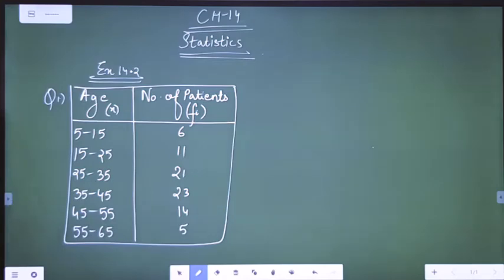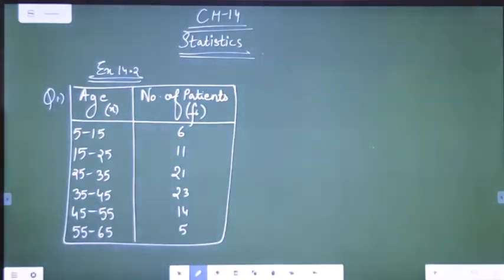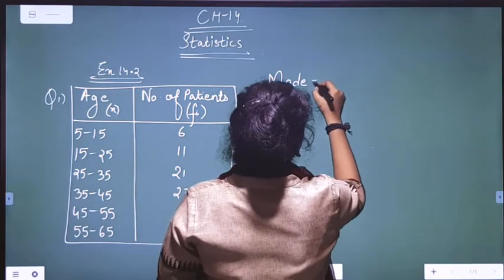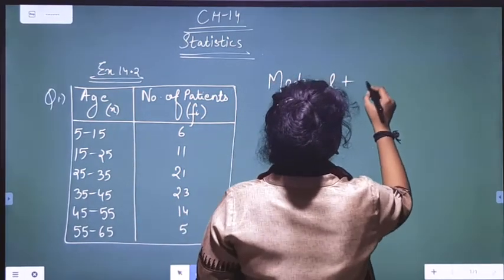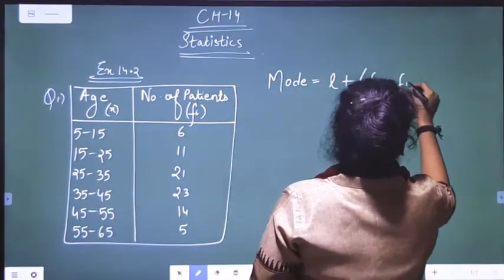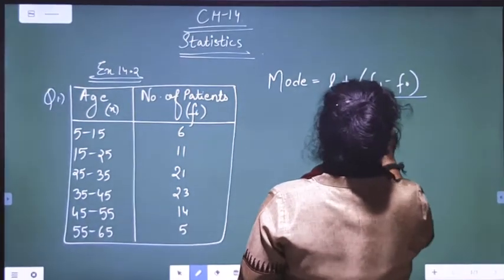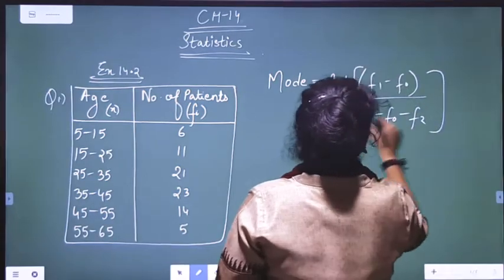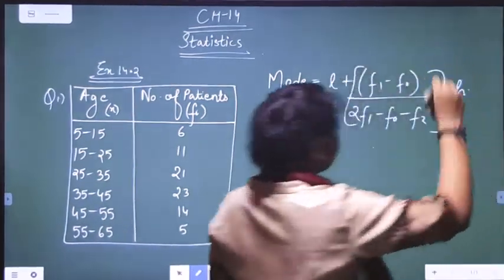So we cannot find the actual mode simply by observation. So we have to apply a formula. The formula is: mode equals L plus (F1 minus F0) upon (2F1 minus F0 minus F2), and this whole value is to be multiplied with H.